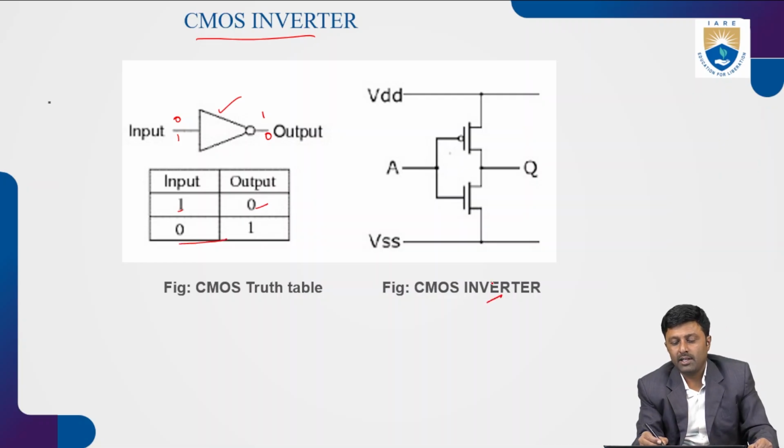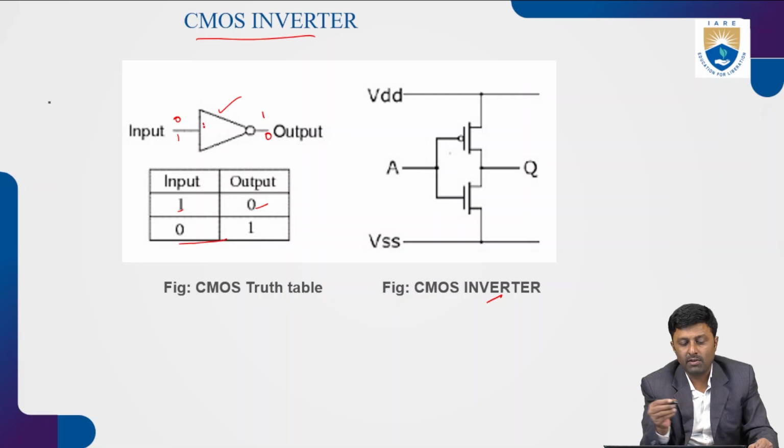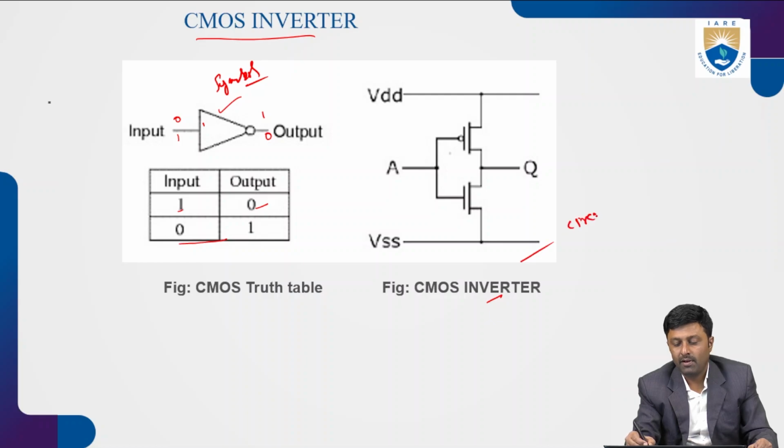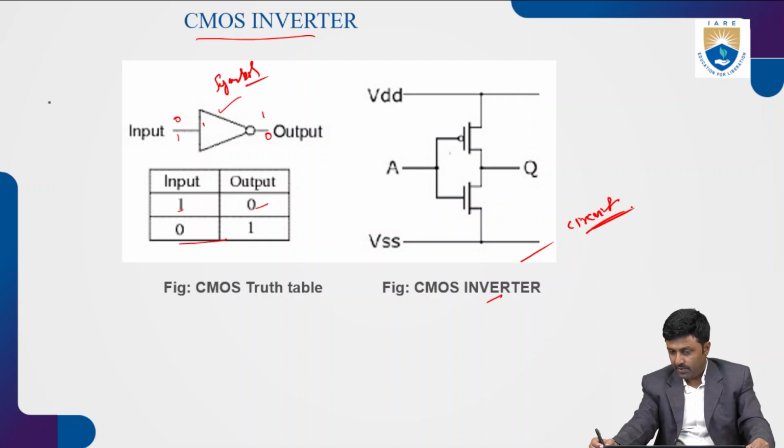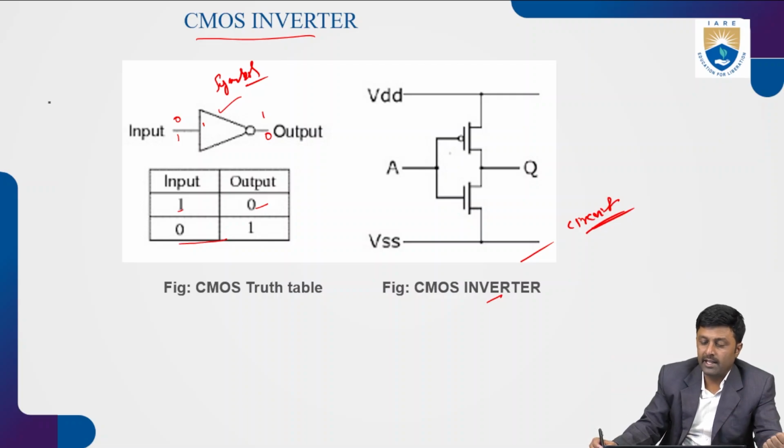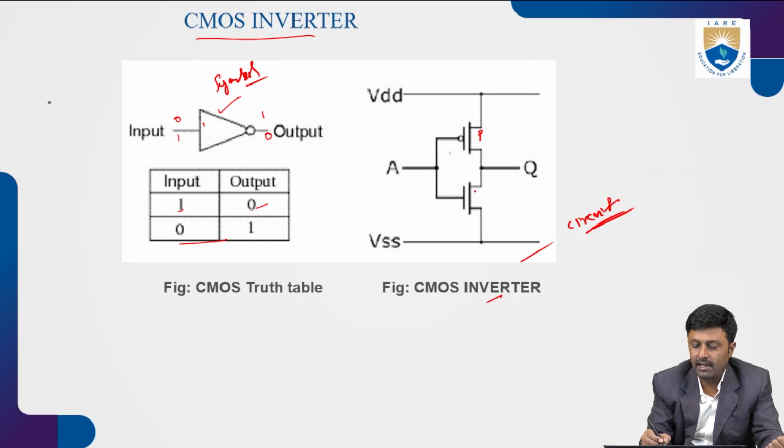This is the symbol of the CMOS inverter, and this is the circuit diagram of the CMOS inverter. As you can see, this is a P-type transistor. A CMOS consists of a P-type transistor in series with an N-type transistor, and the gates of both the P and N type are shorted and given as input.